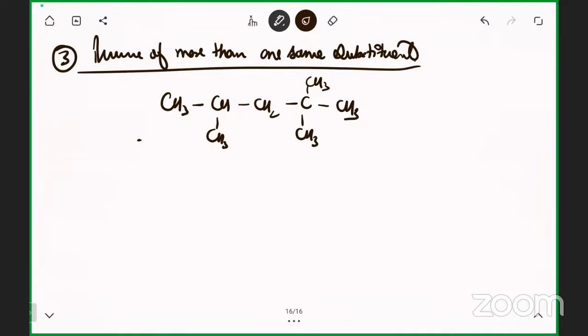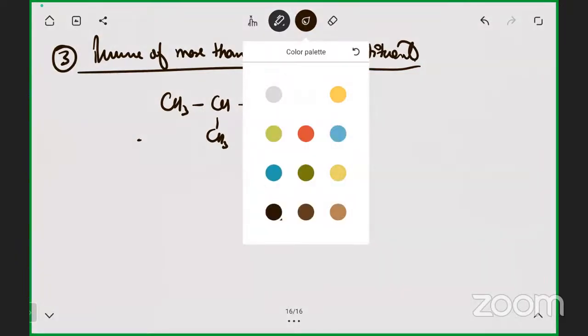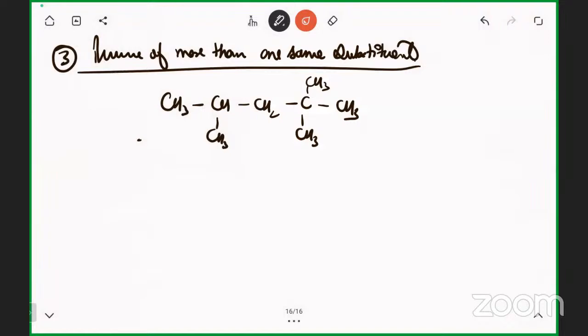Confirm. So we should begin from left side. No. We have to do the numbering from the side from where the maximum number of substituents are present, if the same substituent is present.